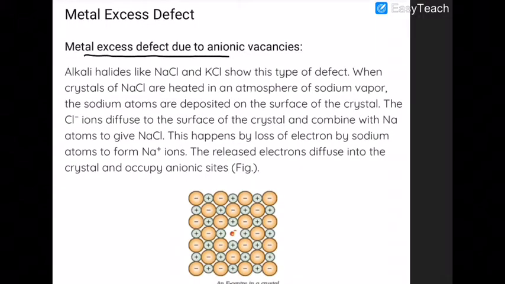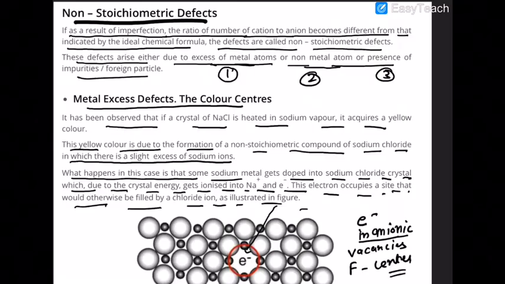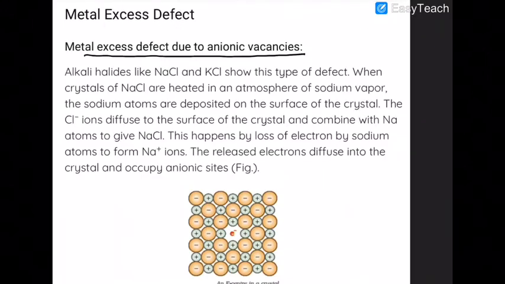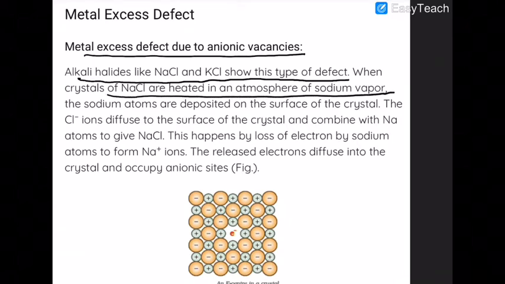Metal excess defect due to anionic vacancy. The same phenomenon we are repeating once more. Alkali halides like NaCl and KCl show this type of defect when crystals of NaCl are heated in an atmosphere of sodium vapors.